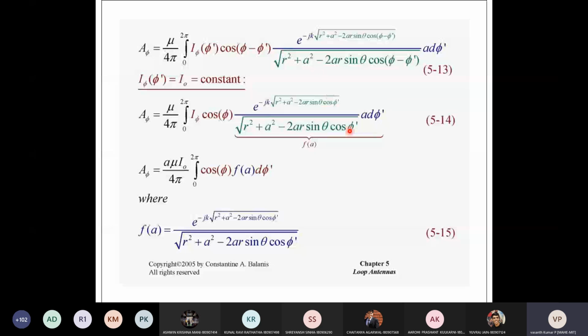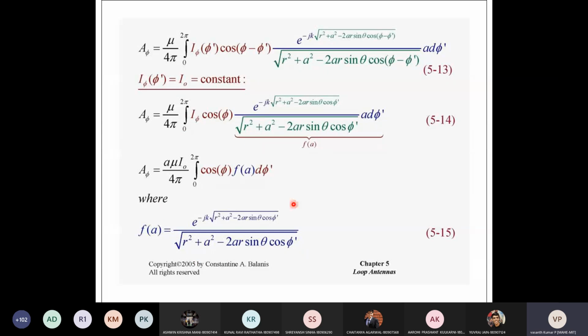If you make phi dash as 0, then there is no variable at all. Phi dash is the variable, no? For this point, phi dash can be anything, as if you take the loop as a whole, not a single point. Okay, sir.